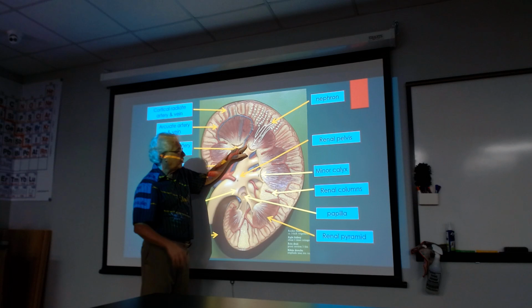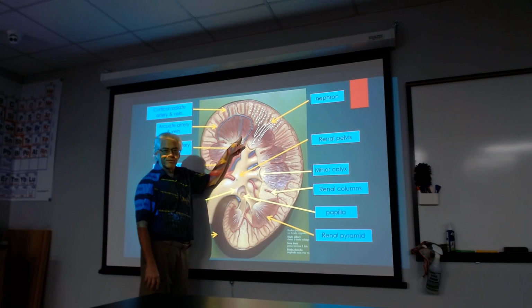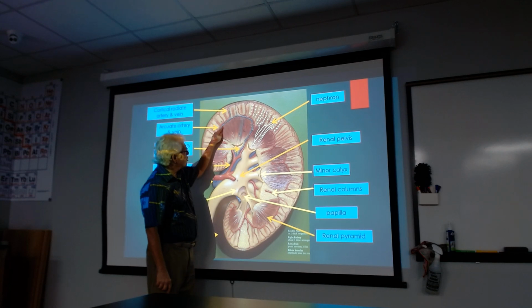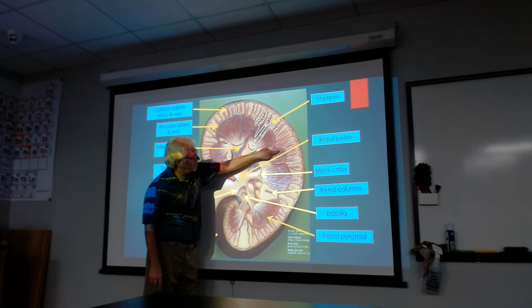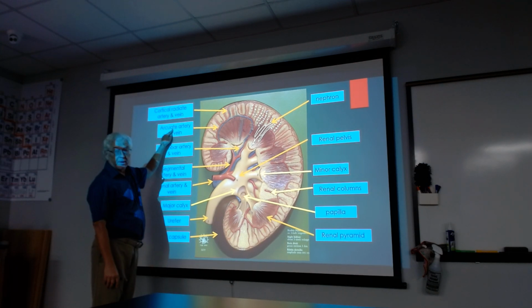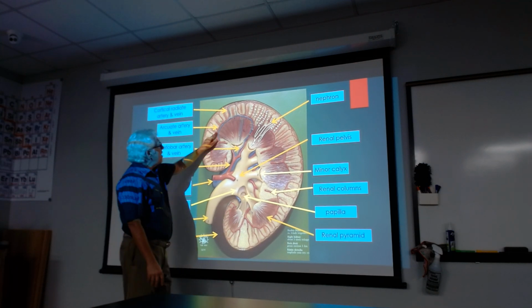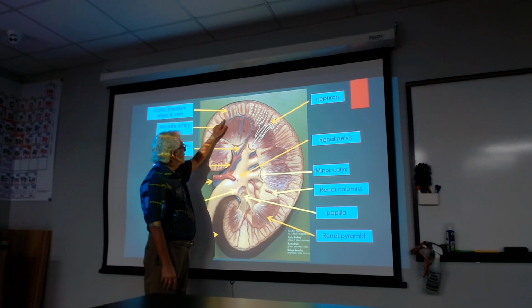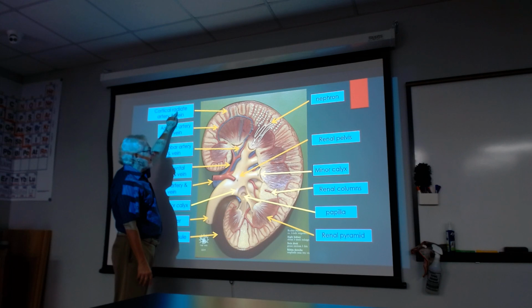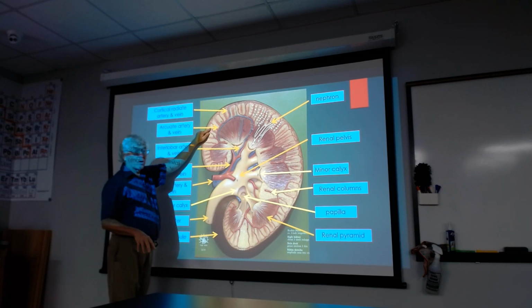Artery red, vein blue. Because they're between the lobes. Okay? Interlobar. Then they make an arch. See how they make an arch? See the arch? So we're going to call that the arcuate. Artery red, vein blue. And then what do we have here? Little tiny blood vessels that are radiating out in the cortex.